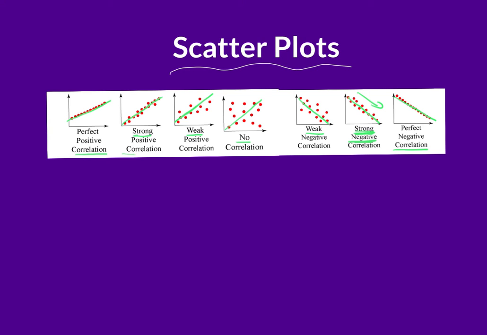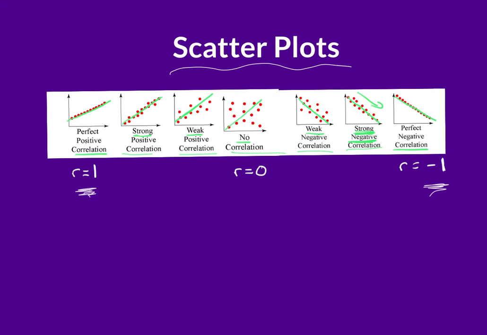Now, correlation, we actually attach a value to that word, which is called the correlation coefficient, and that comes from R. So if you have a perfect positive correlation, we're going to say that R is 1 versus R is -1. So correlation coefficient anywhere from -1 to +1. And then no correlation would be anything close to 0.